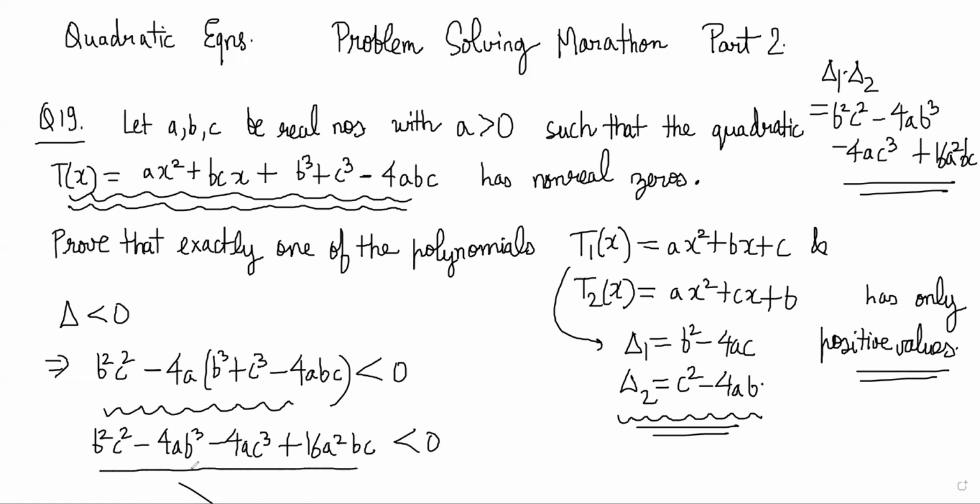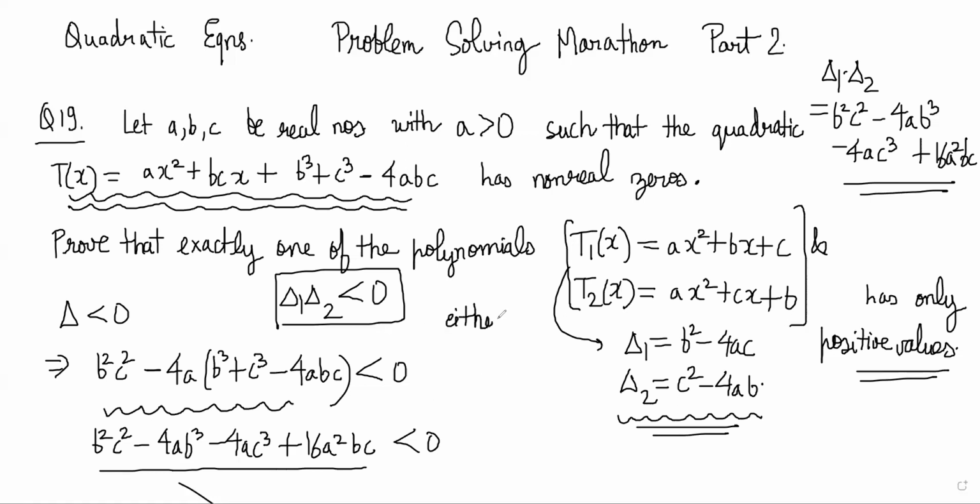So this is clearly the product of del 1 into del 2, which is less than 0, which means that one of the polynomials has to have positive values because either del 1 or del 2 is less than 0. Both cannot be negative, both cannot be positive, one of them has to be negative, which means that one of the equations has positive values.